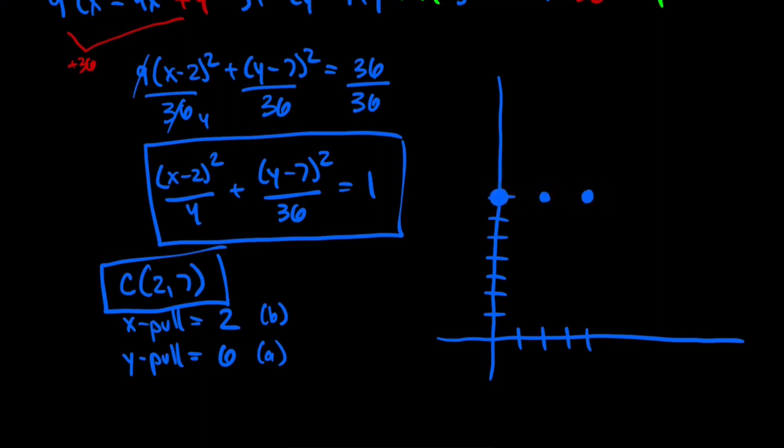The Y pull is 6. All right, so I have to go down 6. Puts me right there. And up 6. 1, 2, 3, 4, 5, 6. And then, let's sketch this in.